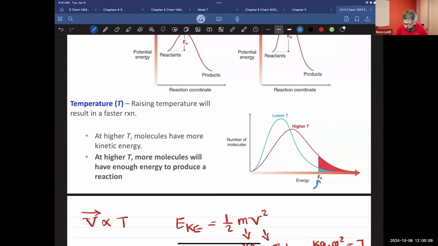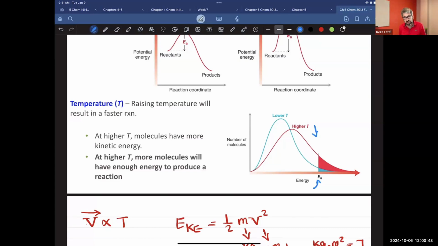Now, why does the max point go down by increasing temperature? Put it this way. If you're driving 60, 70 miles per hour, you have good control of your car. But if you start driving 85 or 90 or 100 miles per hour, there will be a chance to have maybe a car accident. Why? Because you are moving faster. It will be harder to control the car. And when it comes to molecules, when they move faster, there is a higher chance of collision.